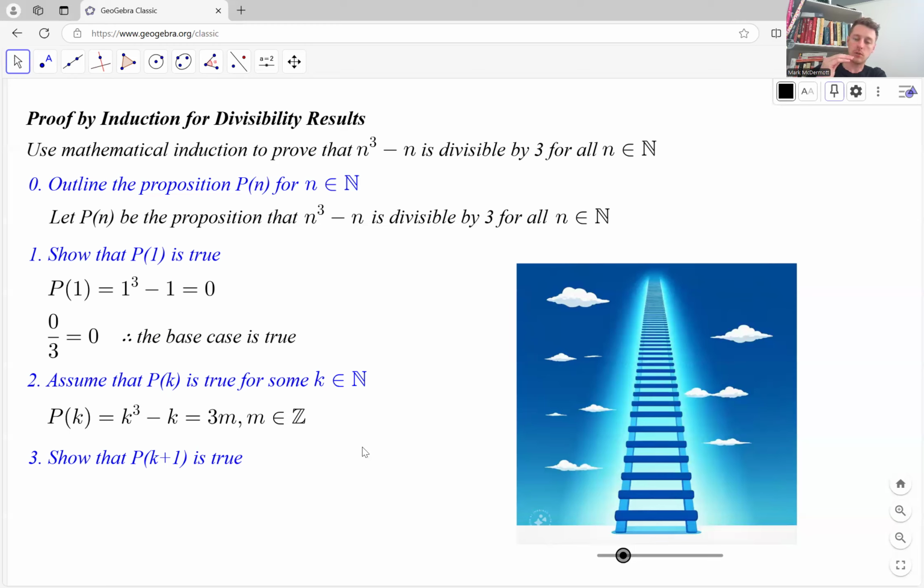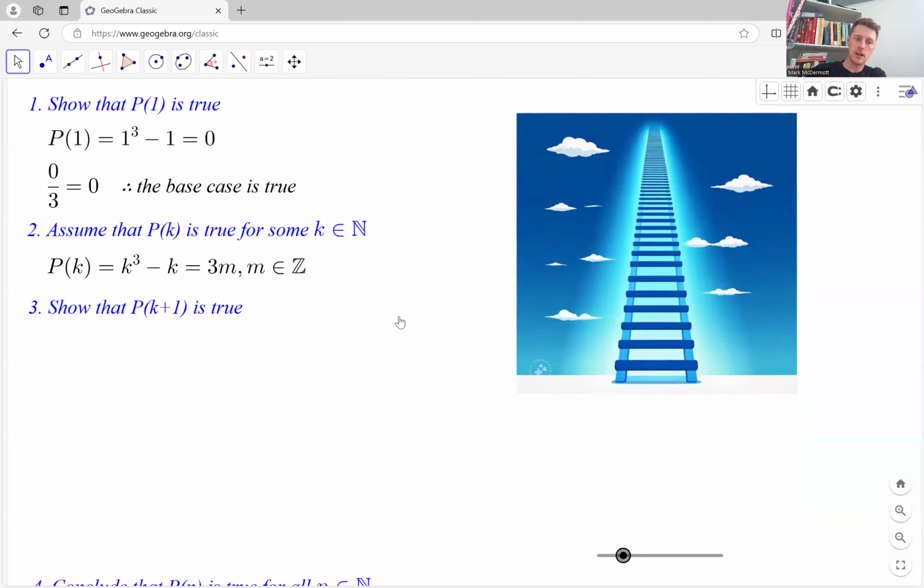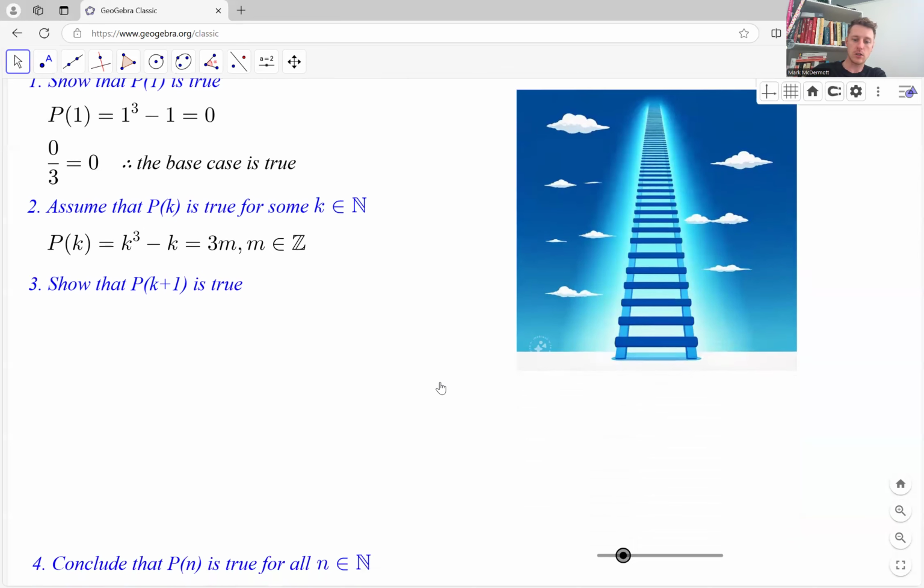Then our next job is to prove that we can get to the next step on the ladder. So we need to show that P of k plus 1 is true. I think this is interesting. Let's evaluate the proposition P of k plus 1. We get (k plus 1) cubed minus (k plus 1), just subbing in k plus 1 here.